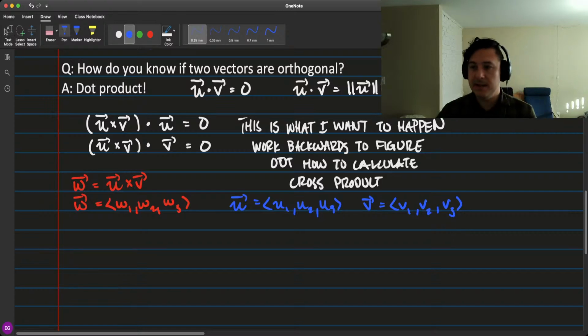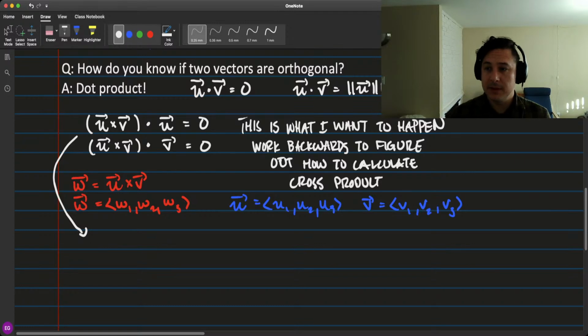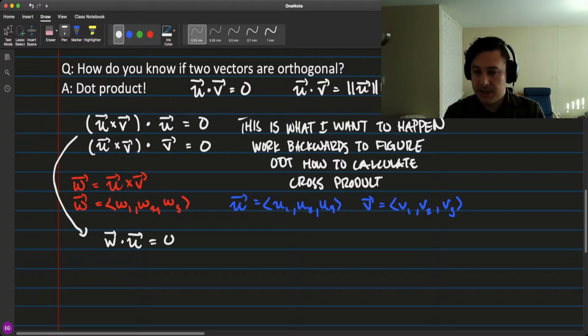Okay, so I can take these equations and rewrite them in component form. I know that the dot product of W and U is 0. So let's write that. W dotted with U is 0, which is the same thing as saying W1 U1 plus W2 U2 plus W3 U3 equals 0.